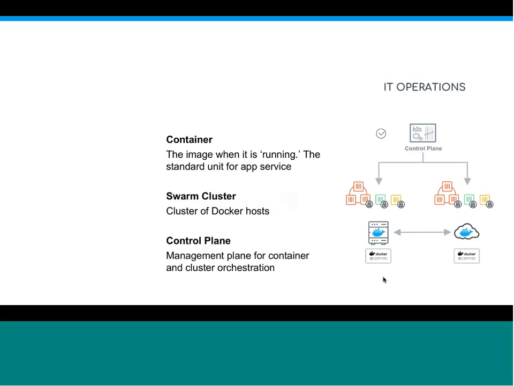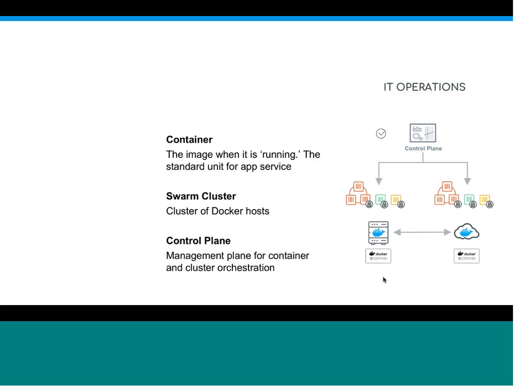And these environments can be a single Docker host, just like our laptop is a single Docker host. But more often, it's going to be a cluster of Docker hosts. And in order to manage these clusters and where the containers run on them, there's something called orchestration that we'll go into a little bit more.